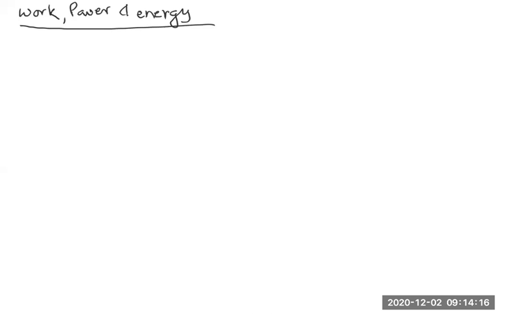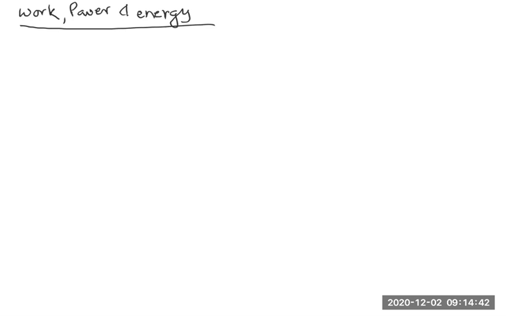Well, this is just an extension of the set of tools that we have been developing to study the mechanics of point particle, right? Single point particle, that is what we are talking about. So in the first part, I told you how to describe the motion of a point particle. That was what we did in kinematics.